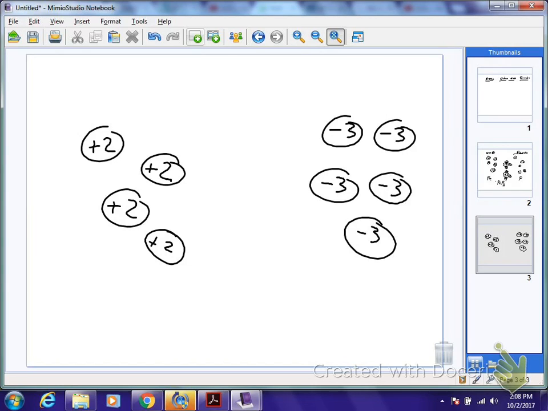Okay, so let's do this. Let's have one float over here, +2, and let's see what we can do to balance these out. So let's just do it, and then let's see what we can do to balance it out. So we got +2. We bring over a -3. Is it neutral?